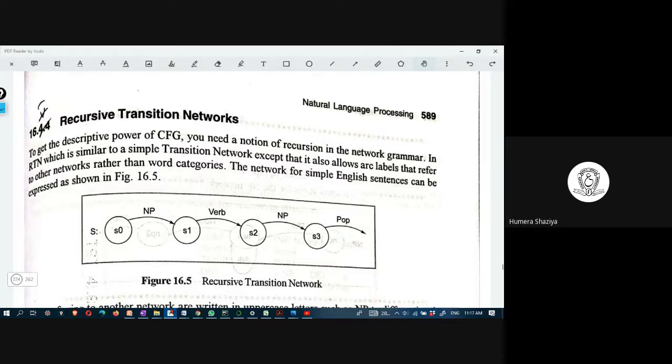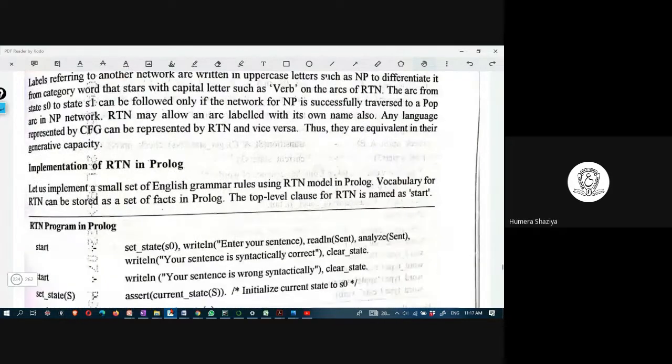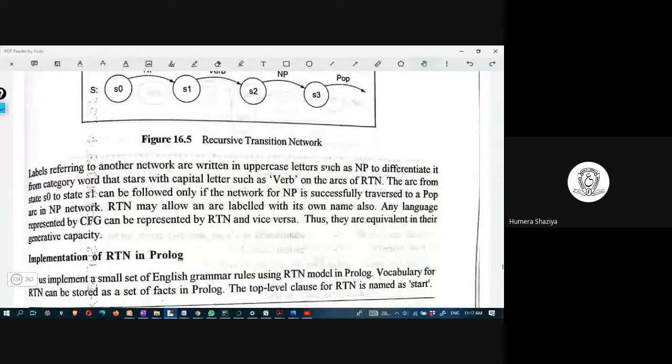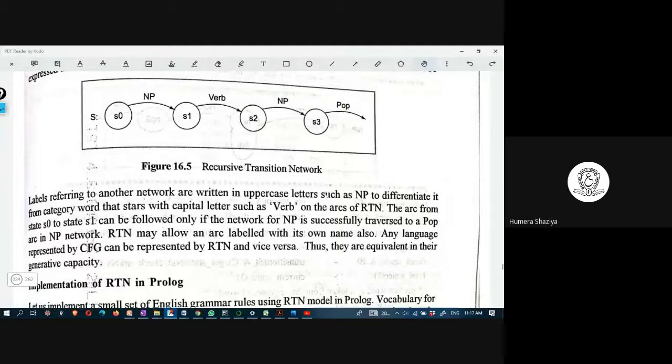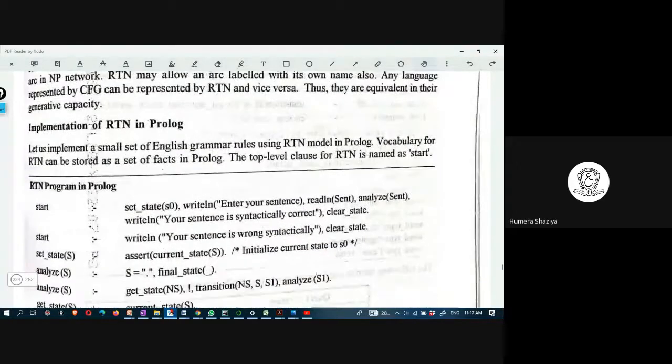So the sentence is a complex sentence. Such types of sentences could be parsed through RTN but not by STN, the simple transition network.